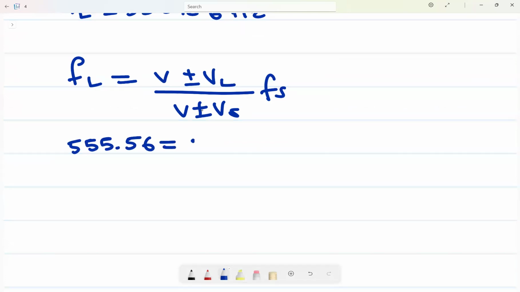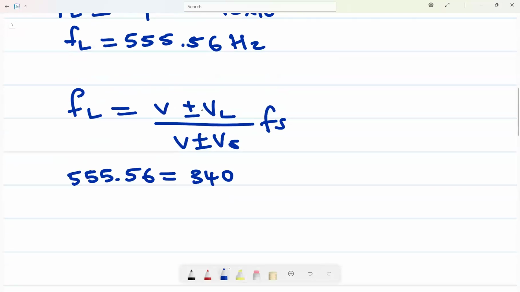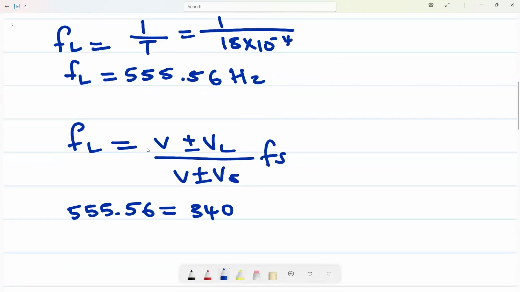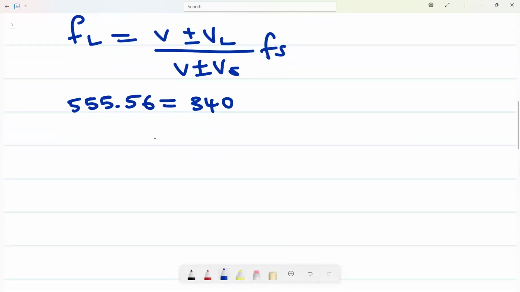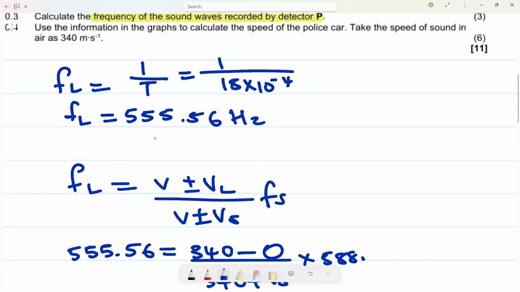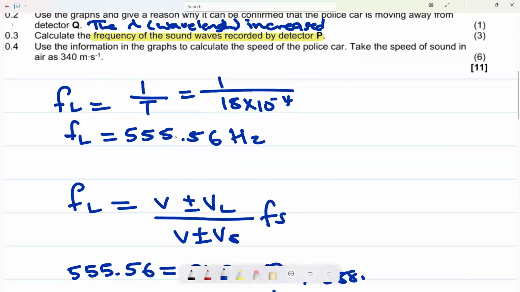It is equal to 340. Did I say take 340? Yes. Therefore, it is moving away. If it is moving away, it is plus in the denominator. The listener is stationary. It is placed along the road. Velocity it is 340 over 340 plus Vs, multiplied by the frequency of the sound, which is 588.24.